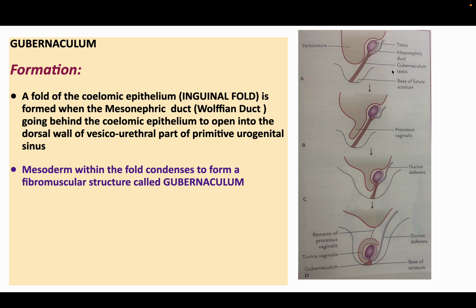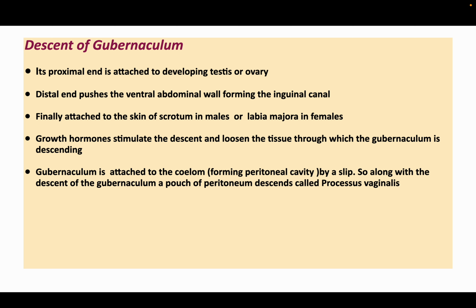You can see in the diagram, this is the gubernaculum. Its proximal end is attached to the developing testis or ovary. The distal end pushes the ventral abdominal wall, forming the inguinal canal, and is finally attached to the skin of the scrotum in males and labia majora in females. The growth hormone stimulates the descent and loosens the tissue through which the gubernaculum is descending.